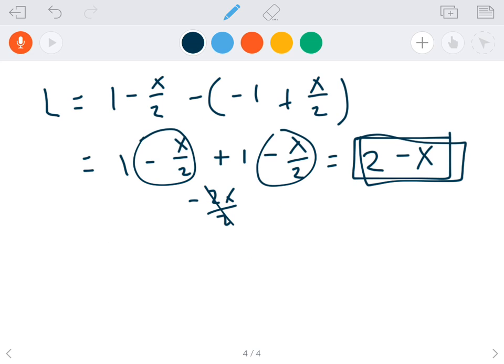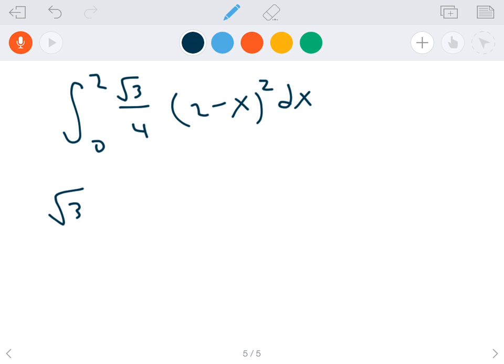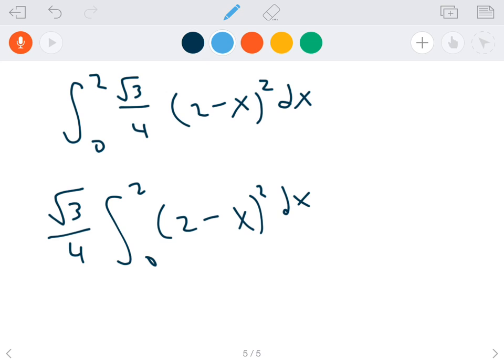Let's rewrite that and do it. So this is the integral from 0 to 2 of the square root of 3 over 4 times 2 minus x squared dx. First thing I'll do is pull my constants out front. And then looks like I will have to do u substitution.